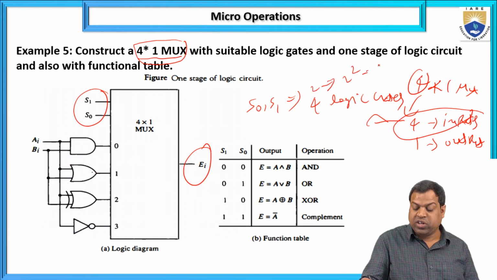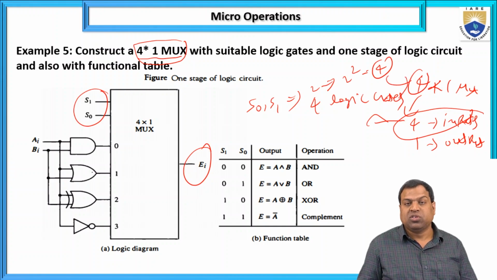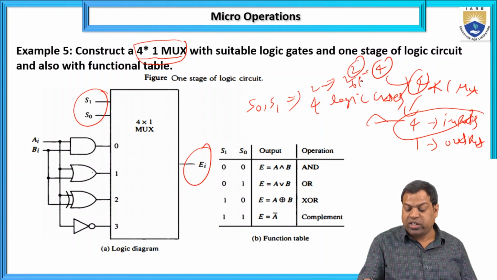2 switches means 2 squared, that means 4, so 4:1. 2 switches, S0 and S1, and 4 logic gates means 4 inputs and only one output. So what are the 4 logic gates?